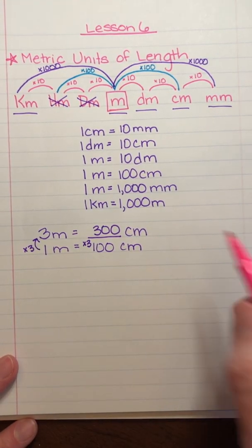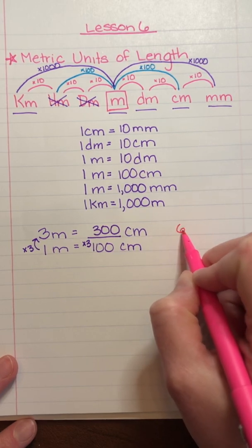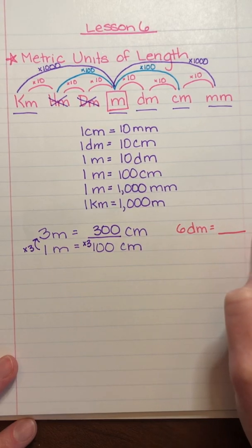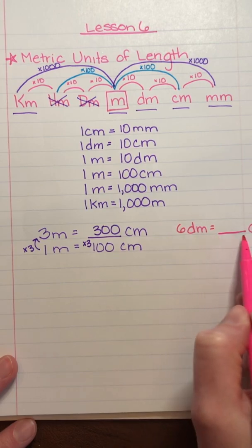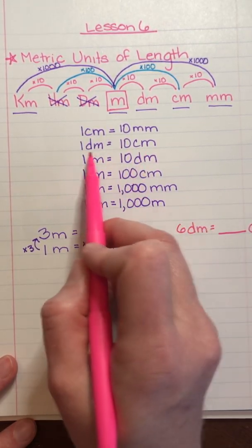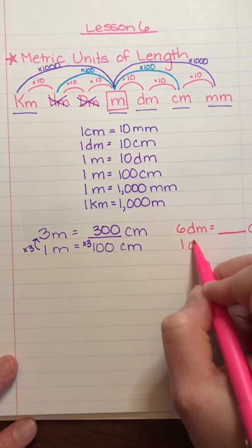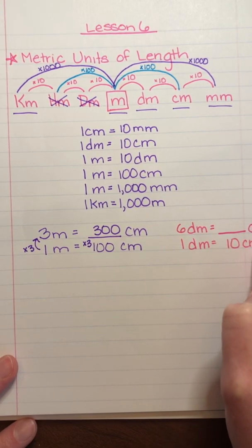Let's do a different problem. Let's say we've got 6 decimeters, and I want to know how many centimeters that is. So decimeters to centimeters. Here's decimeter, here's centimeter. 1 decimeter equals 10 centimeters.